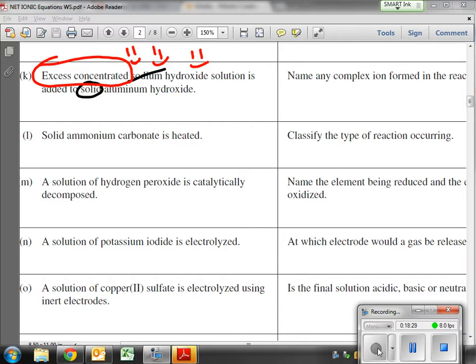Start by writing what's left like you normally would. So hydroxide solution, OH minus. Solid aluminum hydroxide. All right, our product, we're going to open a bracket.